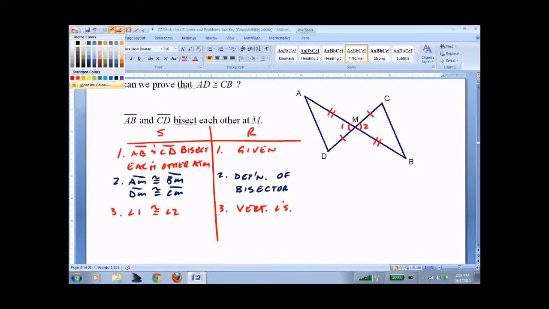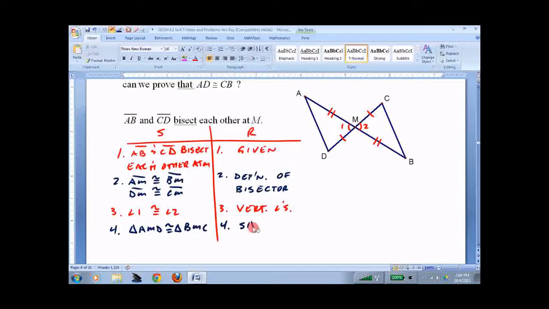Then I would say triangle, and I gotta be careful, AMD is congruent to triangle BMC, and that is by side angle side. And the last step, so we want to know that AD is congruent to BC.